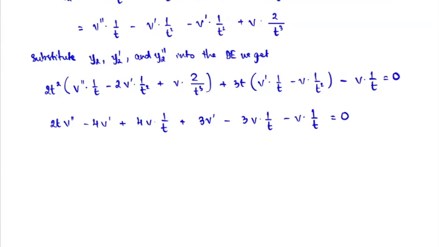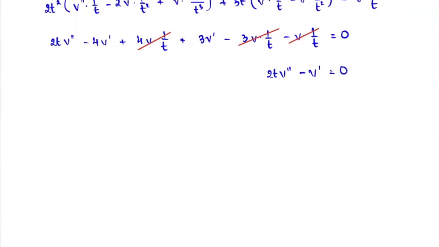So let's simplify. 2t times v double prime, negative 4v prime plus 3v prime, you get negative v prime. This is 4 minus 3 minus 1, so this term cancels out. And you're left with just these two terms on the left of the equation.